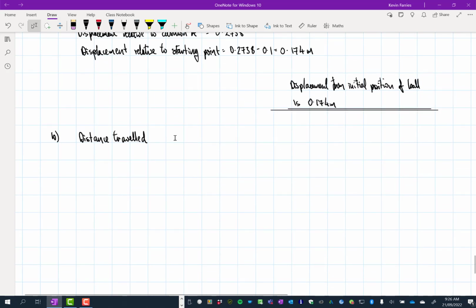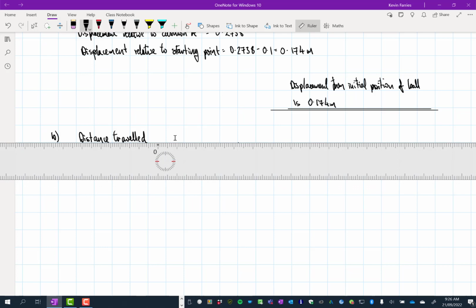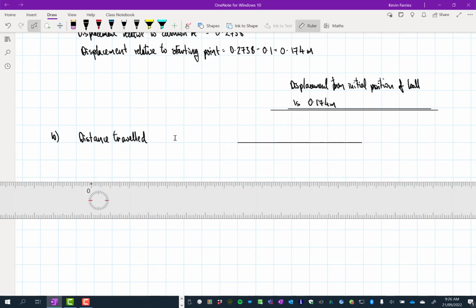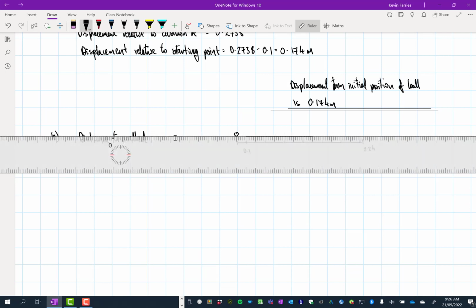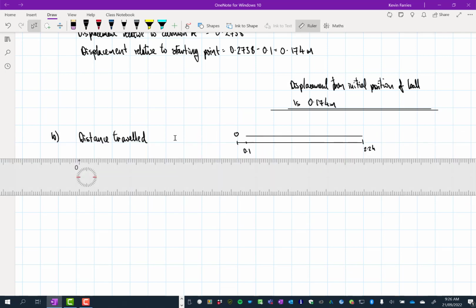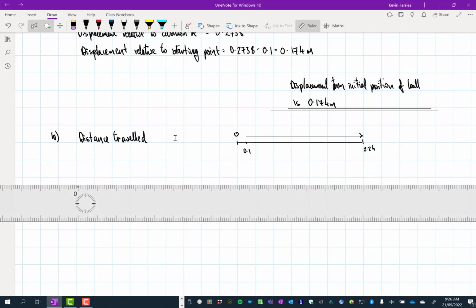Let me just do a quick sketch to illustrate that. So what it did was, this is 2.24. This was 0. It started at 0.1 and it went like so. Hit the cushion at the other end. And then, it might be nicer just to do this underneath.